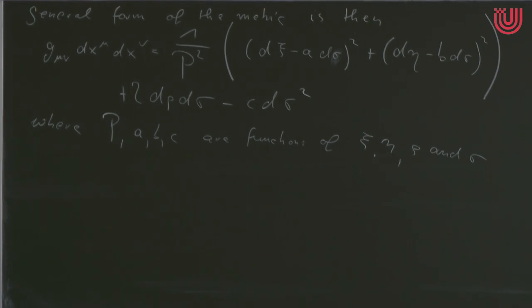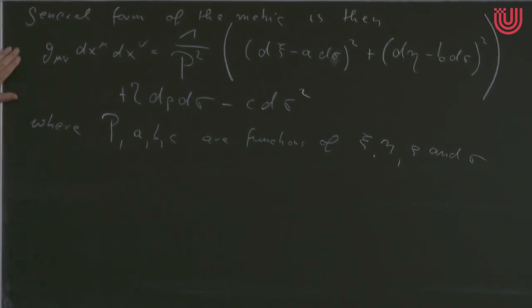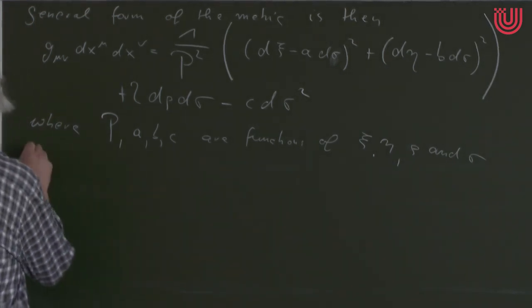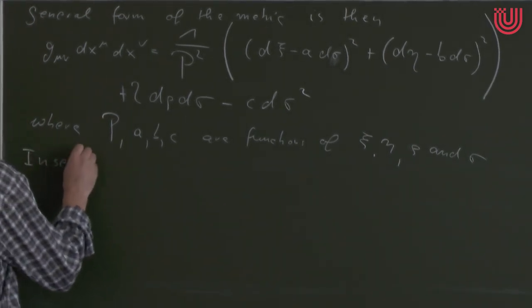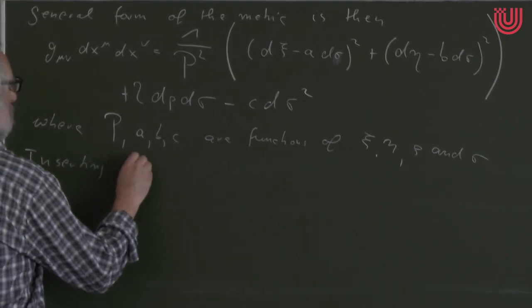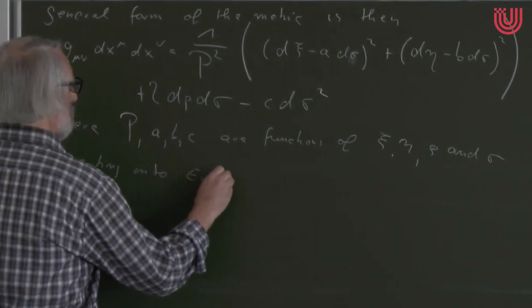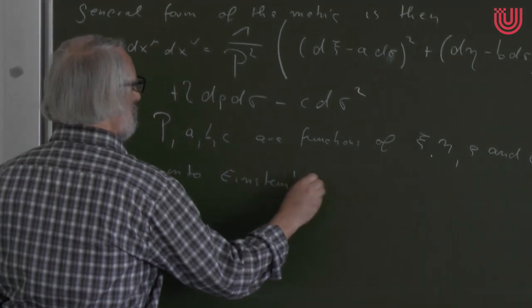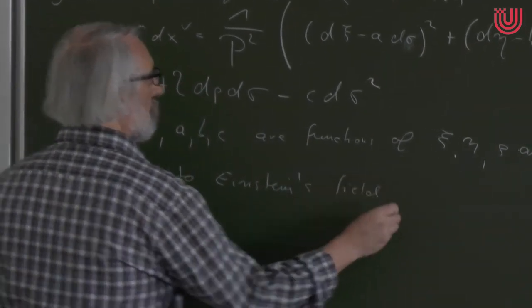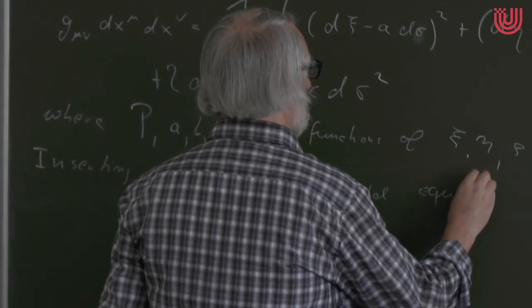So this already requires some calculations in order to arrive at this step, and then the real hard work begins, because then you have to plug this into Einstein's vacuum field equation and solve it.